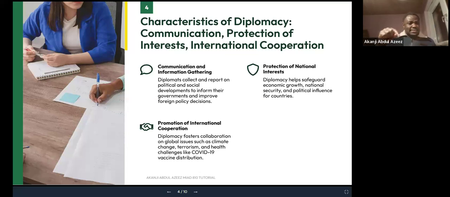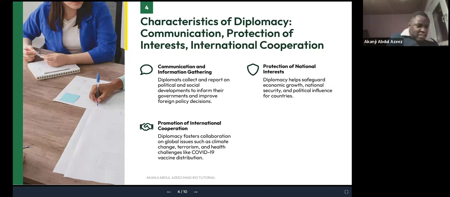For example, if they send me to Benin Republic as the diplomat, I also act as an information collector. I collect information on economic affairs, political affairs, and social development.